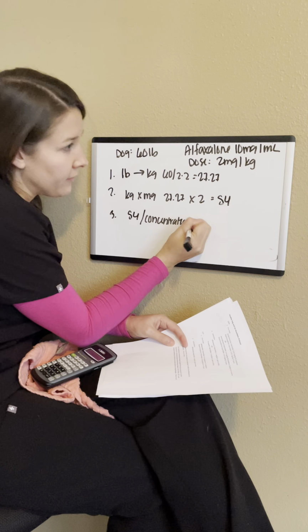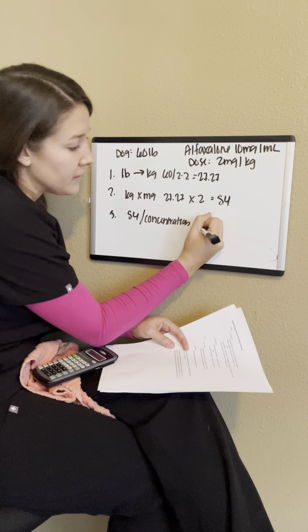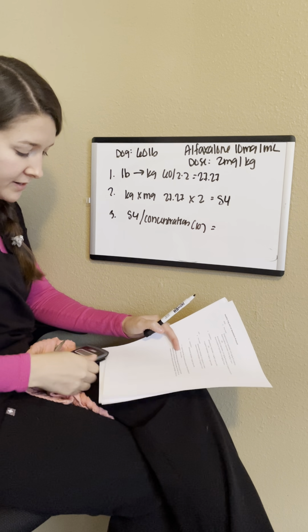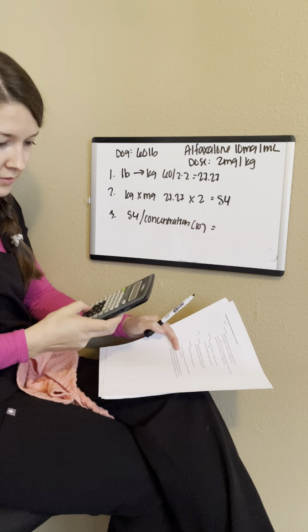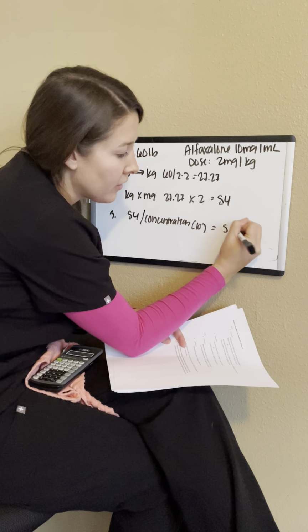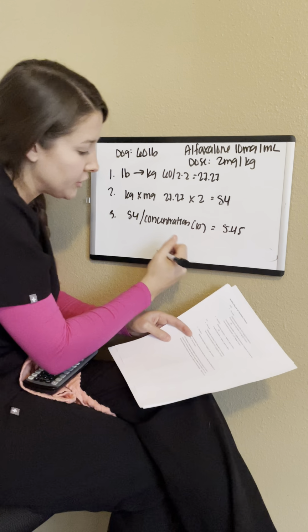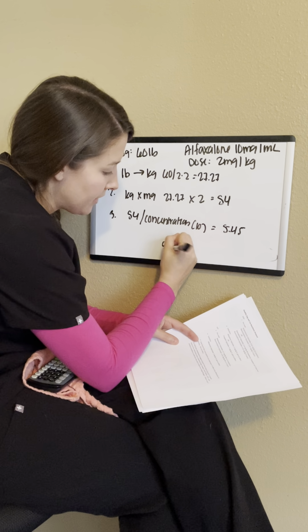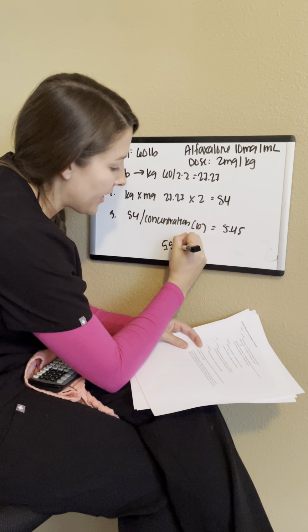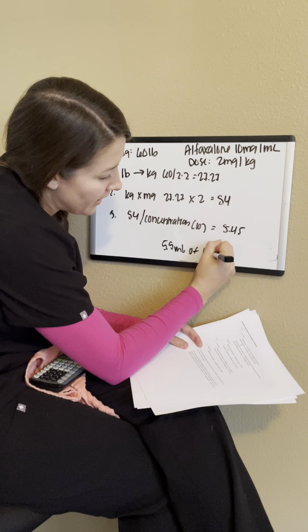And the concentration of alfaxalone is going to be 10. So 54 divided by 10 is 5.45. So I would probably just go ahead and round up to 5.5. So you would be giving this patient 5.5 mils of alfaxalone.